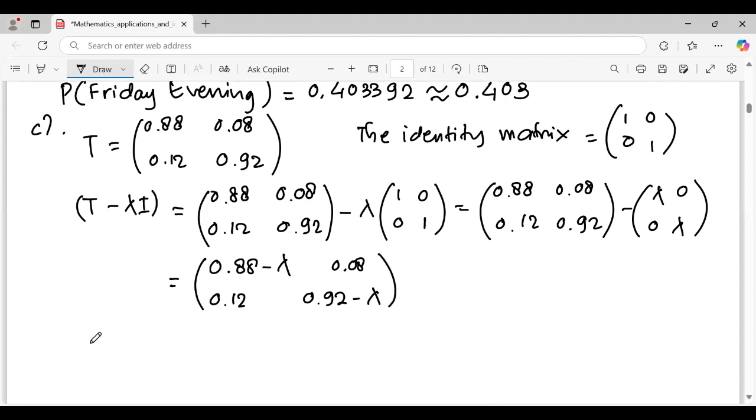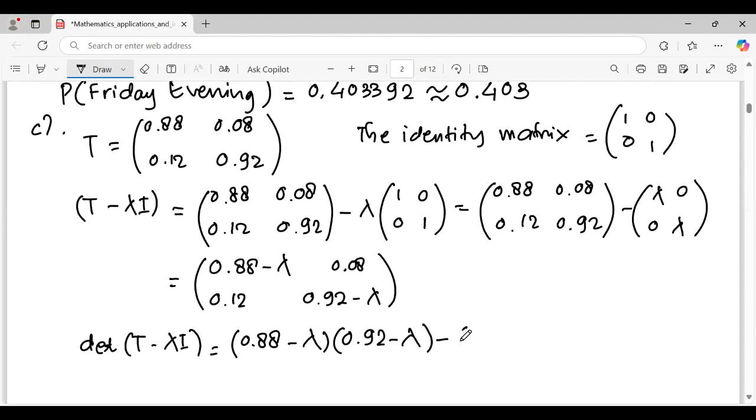Now the determinant of T minus lambda I is (0.88 minus lambda) times (0.92 minus lambda) minus 0.08 times 0.12.